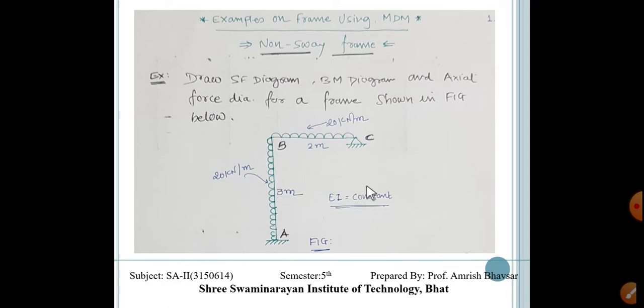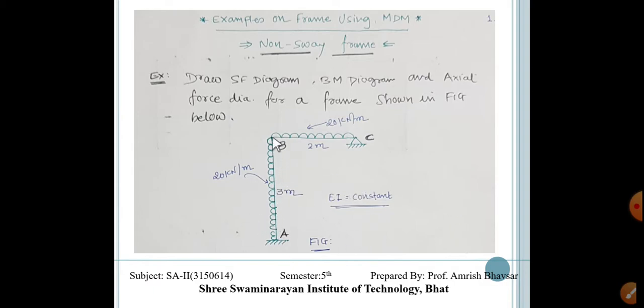Here, this is our frame. Vertical is the column AB and BC is the beam. AB carries a 20 kilonewton per meter UDL and BC has 20 kilonewton per meter load. The AB span is 3 meter and BC span is 2 meter, and EI is constant.